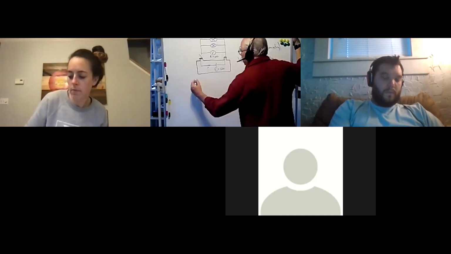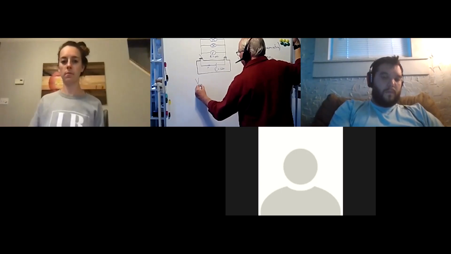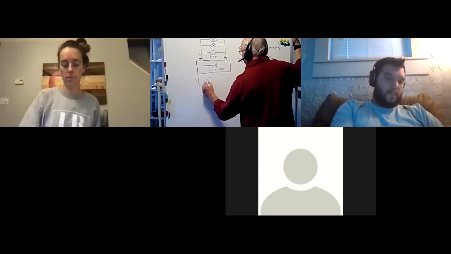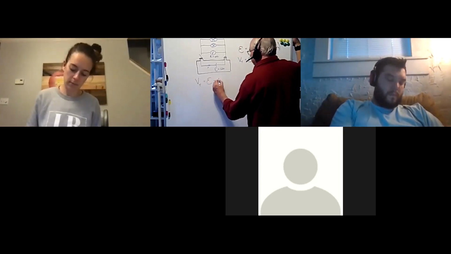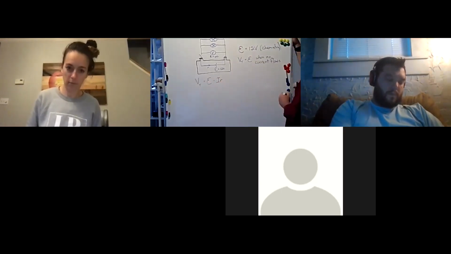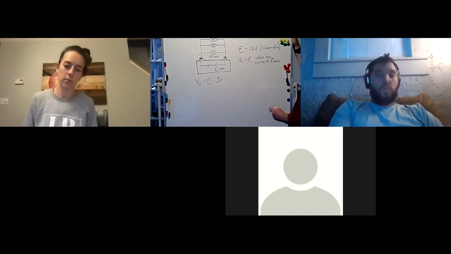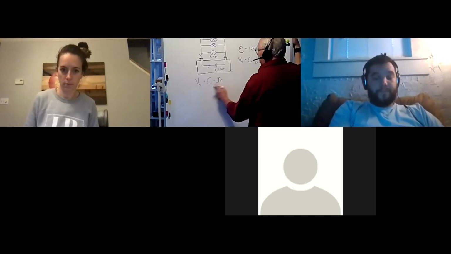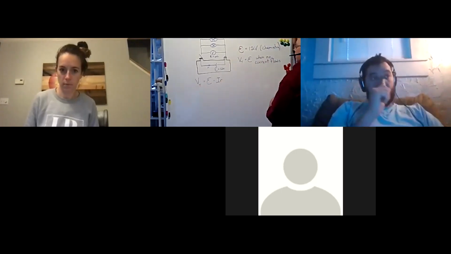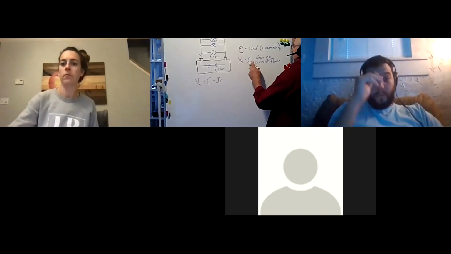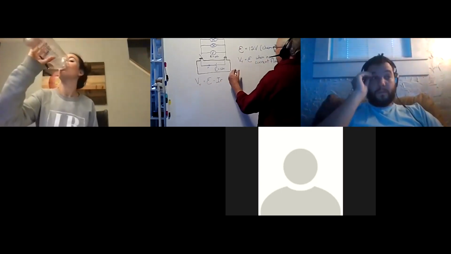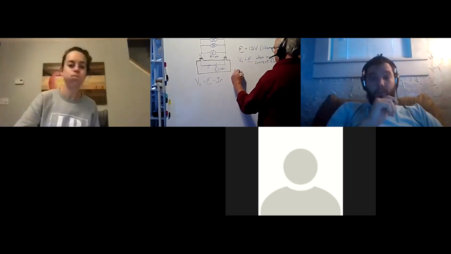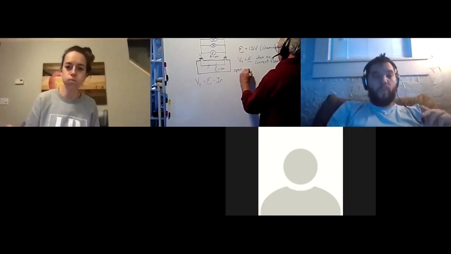So our central equation looks like this: the terminal voltage will equal the EMF minus the small amount of voltage lost as charges make their way out of the battery. But if I is equal to 0, then these two are equal. So the terminal voltage is equal to the EMF when no current flows. Sometimes we call this the open circuit voltage.